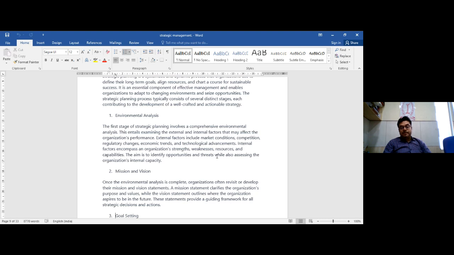So at one stage we have the external factors, and in another stage we have the internal factors.